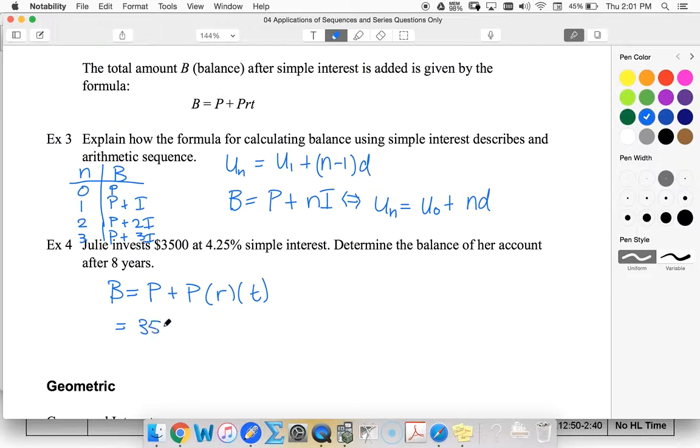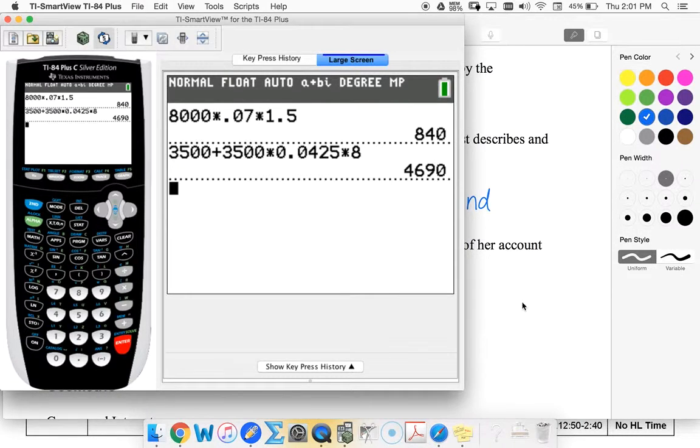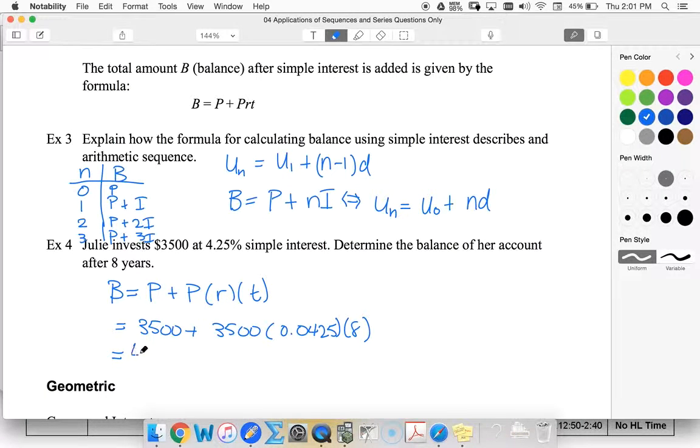So 3,500 plus 3,500 times 0.0425 times 8 years. Okay, $4,690.